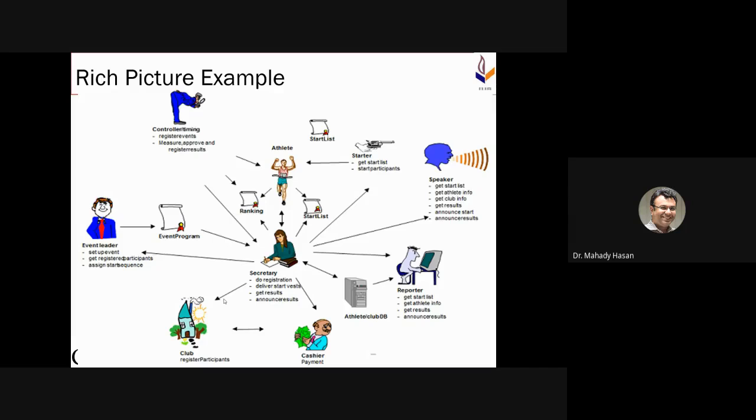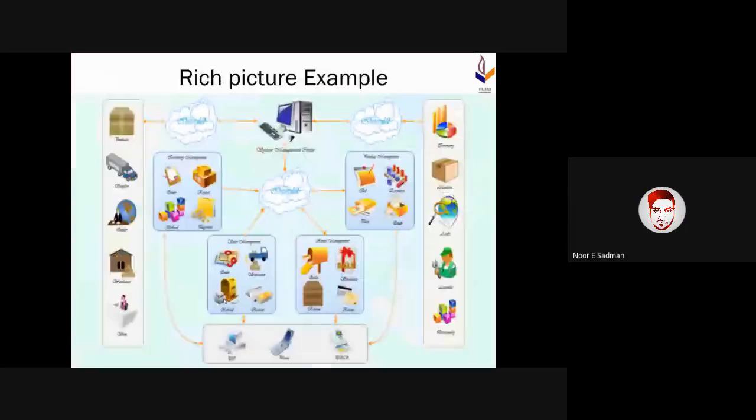Okay, then let's go to the next image. So this is basically another image. As we have mentioned, a rich picture should have structure. It should represent some structure. As you can see here, we have different sub modules or subsystems. Here we have inventory management, payroll management, and sales management. This kind of software is there.